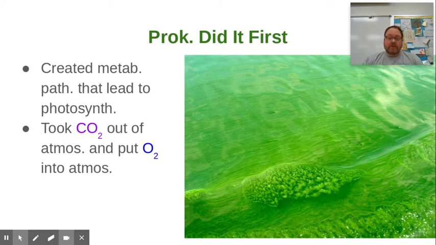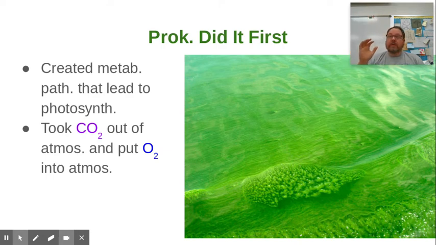Early on in Earth's existence, there was virtually no molecular oxygen. There wasn't oxygen floating around in the air, but there was a tremendous amount of carbon dioxide, enough that it would be toxic to us today. But these early photosynthesizers were able to take CO2 out of the air and go through this process of photosynthesis, which we know produces oxygen as a waste gas, and then oxygen concentrations in the atmosphere increased.